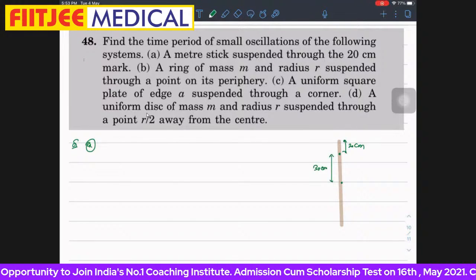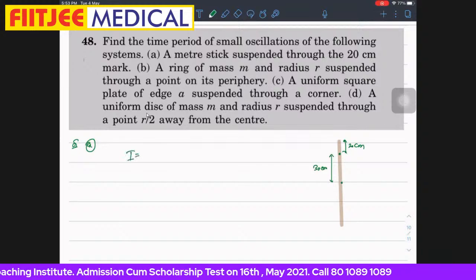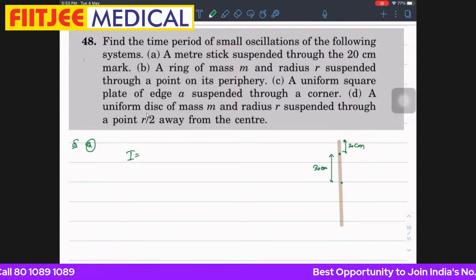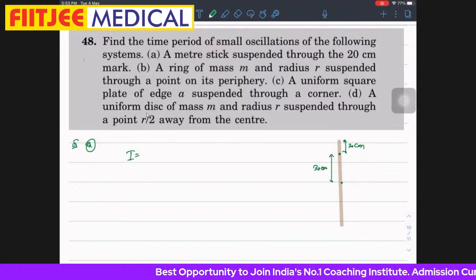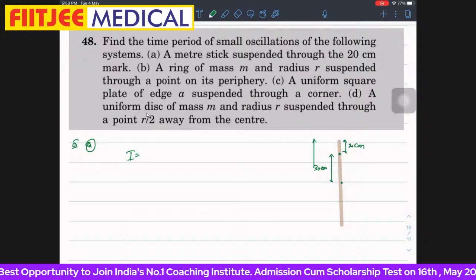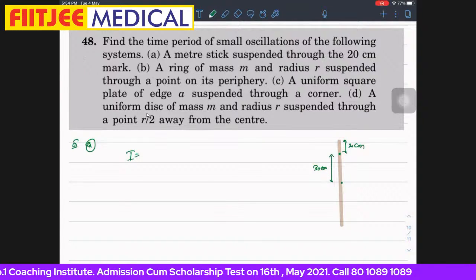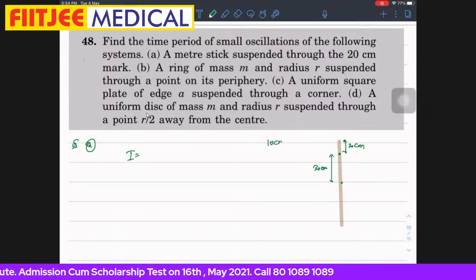So what will be the moment of inertia? Suppose the total length is L naught, since it's a meter stick, 100 centimeter equals L naught.